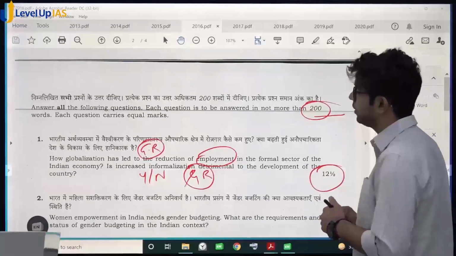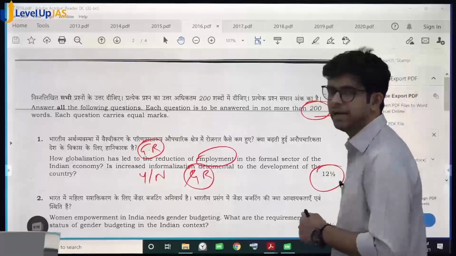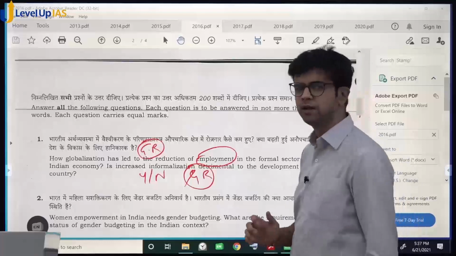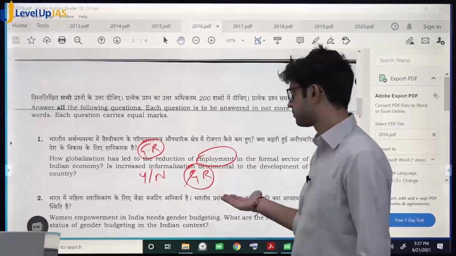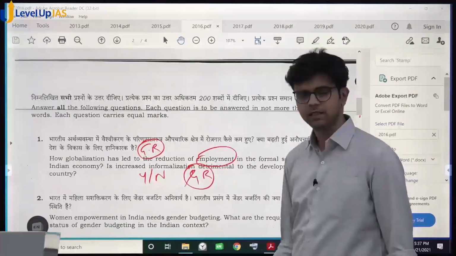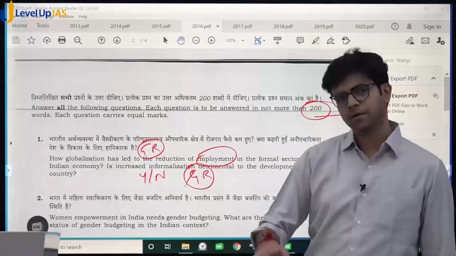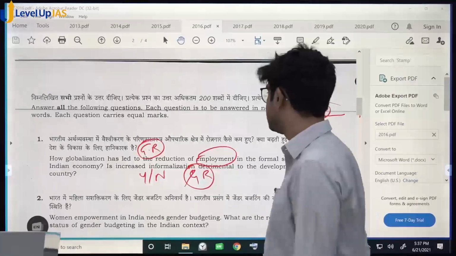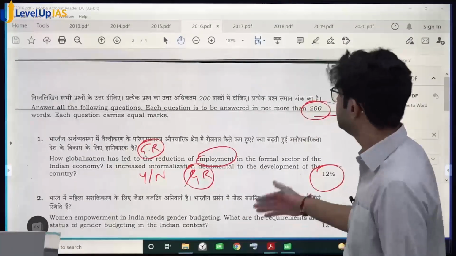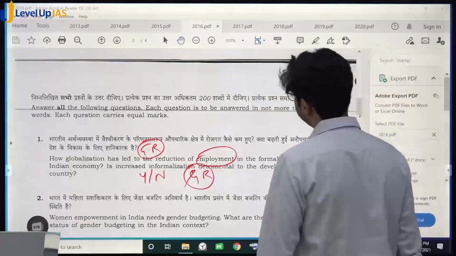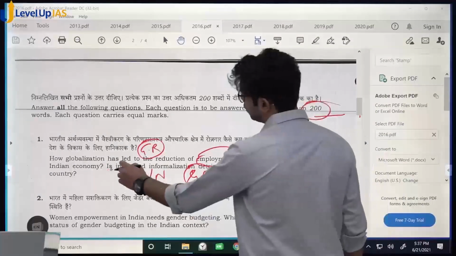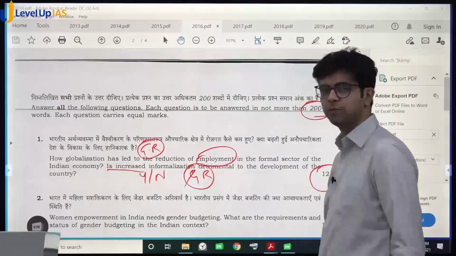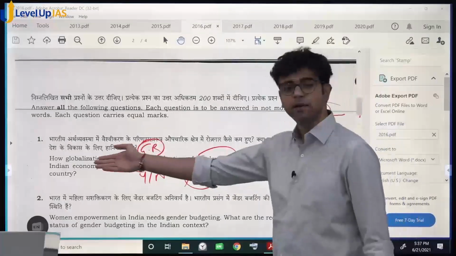So for both you have to give reasons. If you ask me, I will give 0.5 to 1 mark more to the second part compared to the first part. But let's settle at equal, because both are important. Since the second is more forward looking, I gave 0.5 to 1 mark more, but the first is also very important.